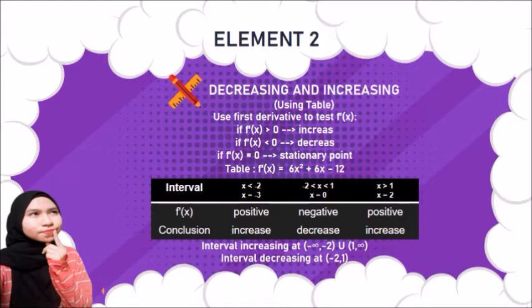And the last one, we choose x equal to 2, because the interval is x more than 1. After we substitute, we get f prime x is a positive value, so the conclusion is increasing. So the interval increasing is negative infinity until -2, union 1 until infinity, and the interval decreasing is -2 until 1.